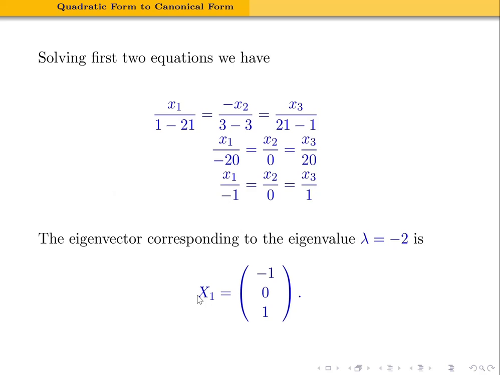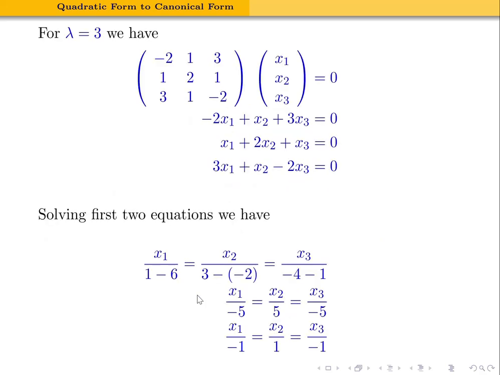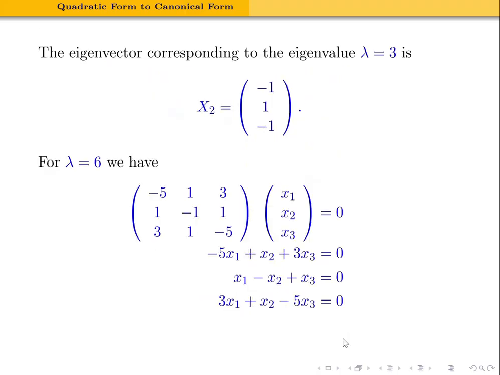Similarly for lambda is equal to 3, we substitute and get a system of 3 equations. From these we can choose the first two equations. By the cross ratio method, we will get the second eigenvector minus 1, 1, minus 1 for lambda is equal to 3.